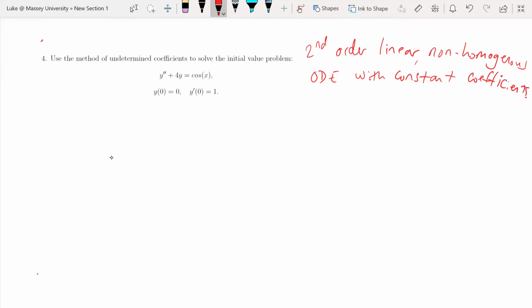And in fact, it's an initial value problem, right? Because we have some initial values too. So first we'll solve the ODE, and then we'll solve the IVP by using the initial values.